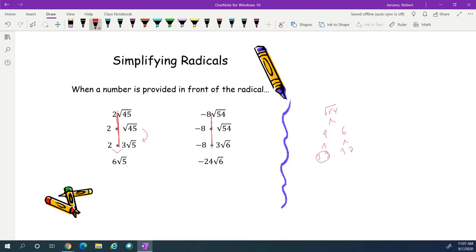That gives me 3 on the outside, and on the inside, the 3 and the 2 have to stay. So I'm going to multiply them back together, and that's how I'm getting the 3 square root 6. Now I'm going to take the two numbers that are on the outside, the negative 8 and the 3, and multiply them back together for a negative 24.